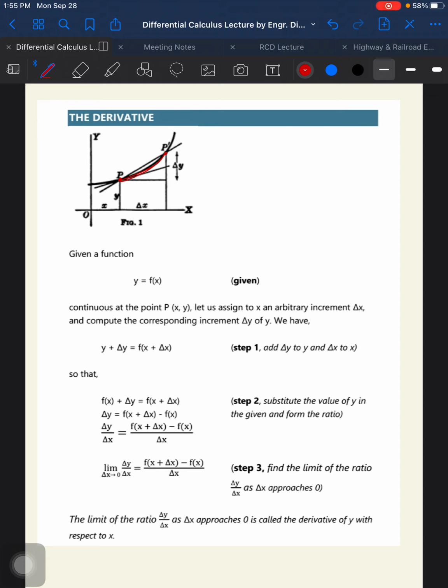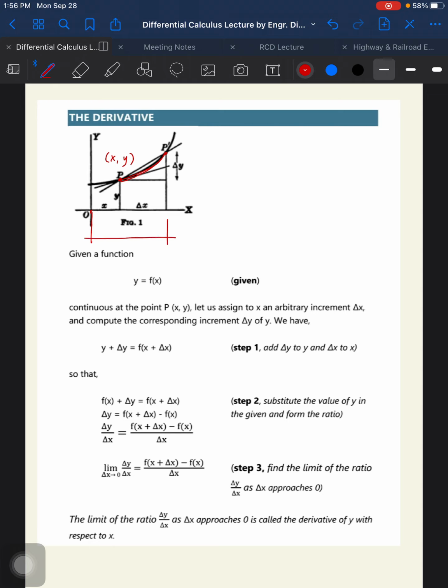So given the function y equals f of x continuous at point P, well, your point P here has the location or coordinate x, y. Let us assign x an arbitrary increment delta x. That means it is the location of P prime from the point of origin.